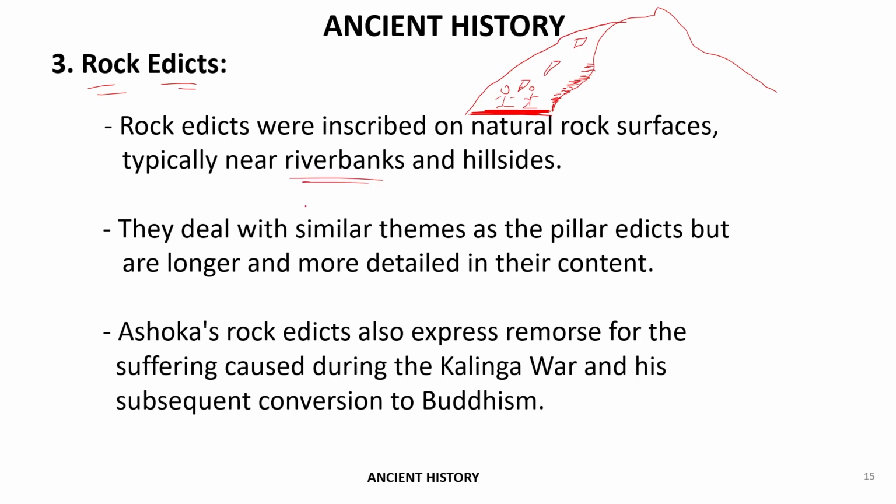Okay. He also used the river banks area because lots of people from outer areas will come from their side. So that's why he also used riverside areas and river banks areas. Got it? They deal with similar themes as the pillar edicts but are longer and more detailed in their content.